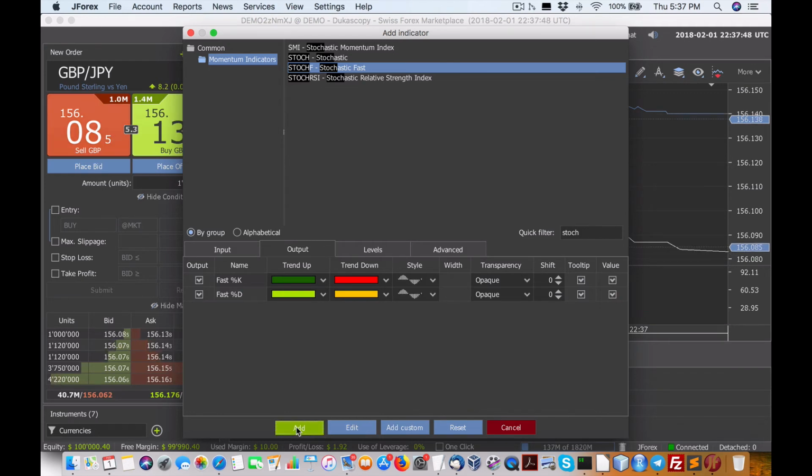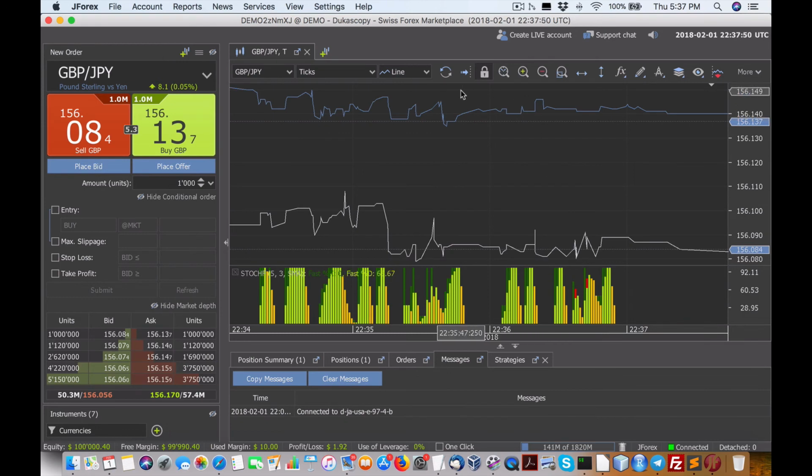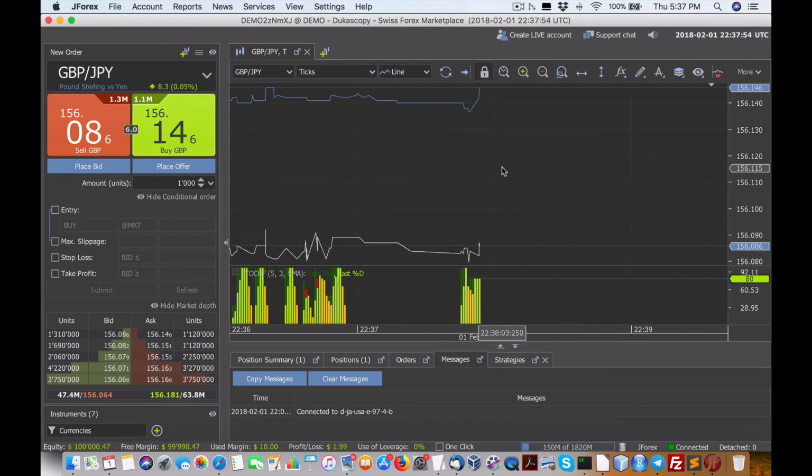Okay, let's give it a whirl. No, I don't like that because it's still showing an uptrend, even though, I don't know if I like that one.